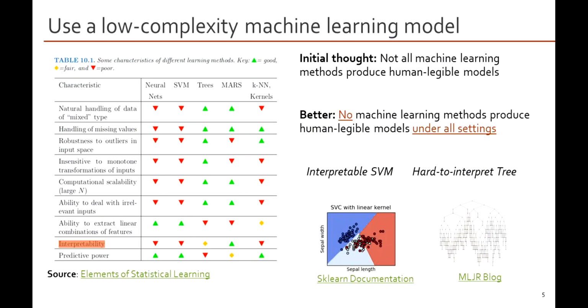So again, there's no silver bullet for making an interpretable machine learning algorithm, but you can pick methods that will produce an interpretable model form, and you can choose settings that preserve that interpretability.